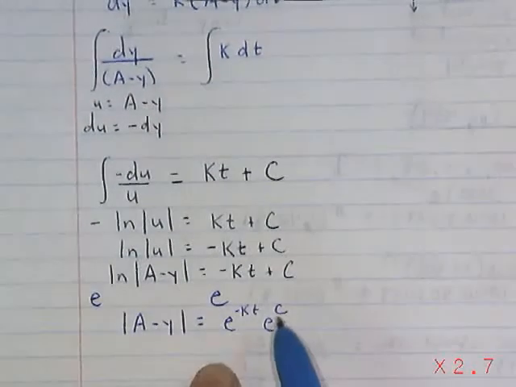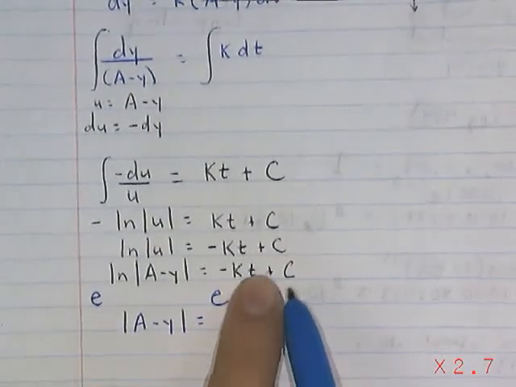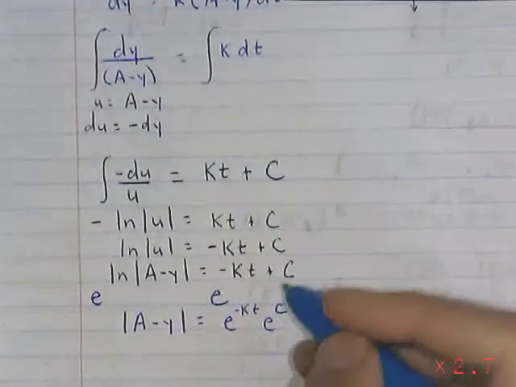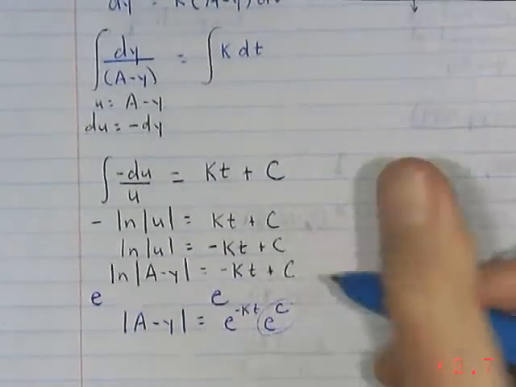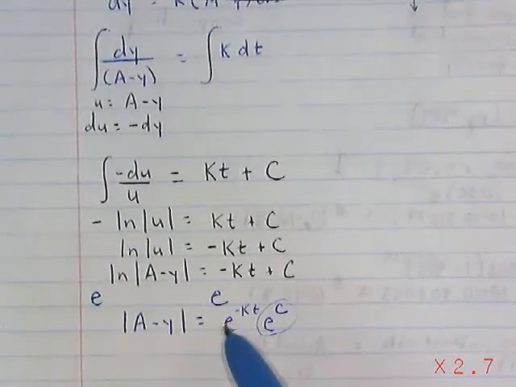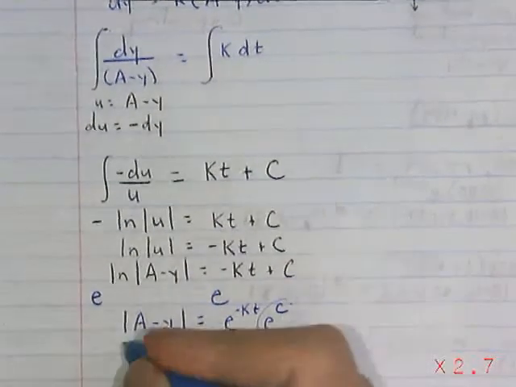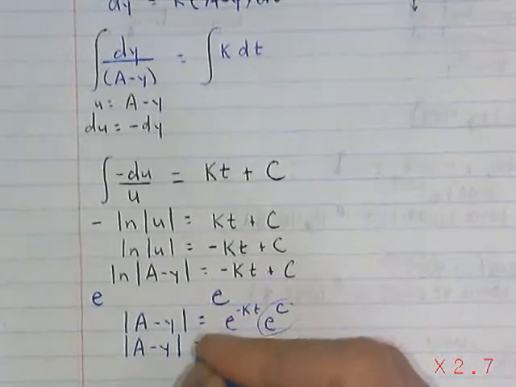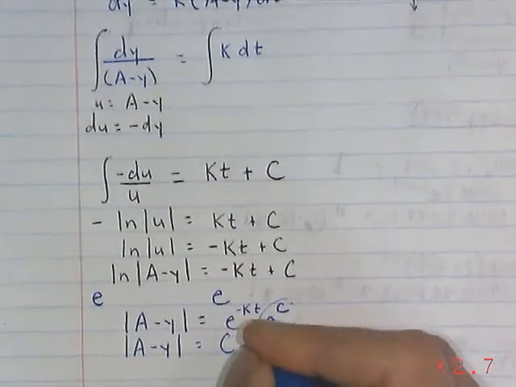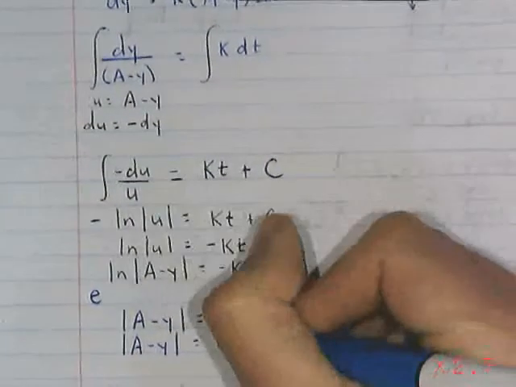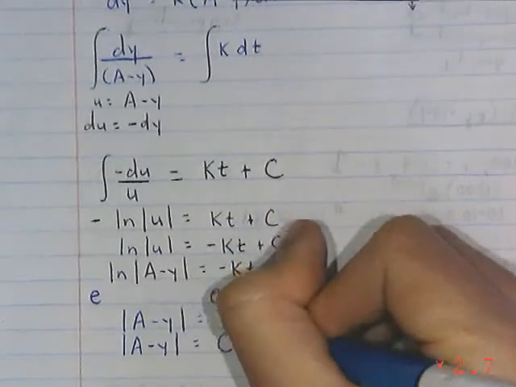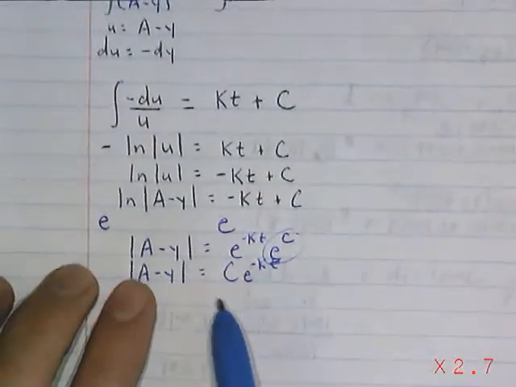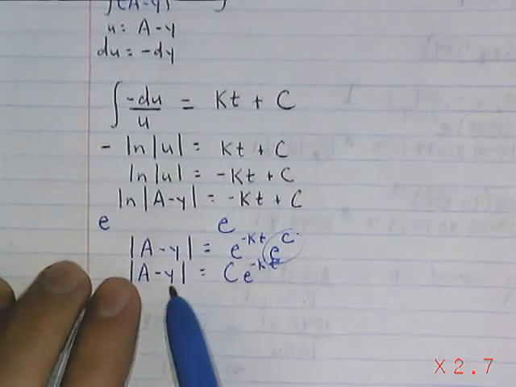Remember that additive property of exponents. But again, we kind of just keep absorbing this constant into more and more general forms. And so this absolute value of a minus y is just equal to c times e raised to the negative kt. And then what to do about our absolute value?